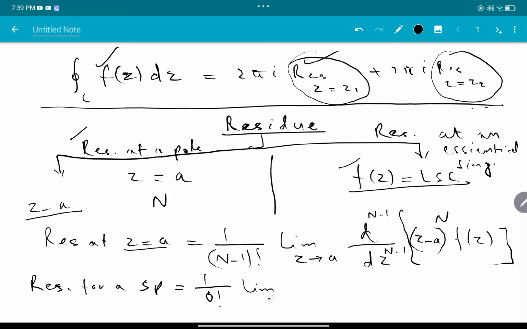Now see, if n is 1, then this becomes 1 minus 1, 0, so the derivative is of order 0. So no need to differentiate. You just have to find the limit of (z minus a) times f(z), since n is 1. This is simple. For a simple pole we have this, no need to write even this. So we have simply this formula for a simple pole.